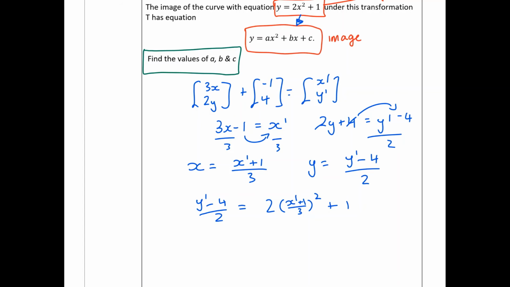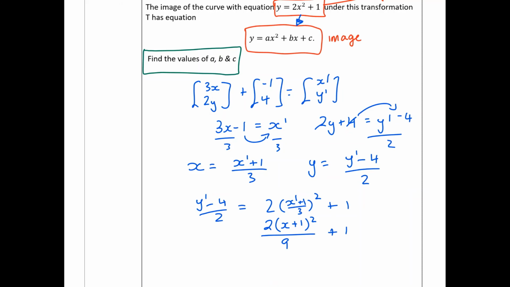If I resolve this, I square the top, square the bottom, and I've got 2(x plus 1) squared over 9, because that's the square of 3.